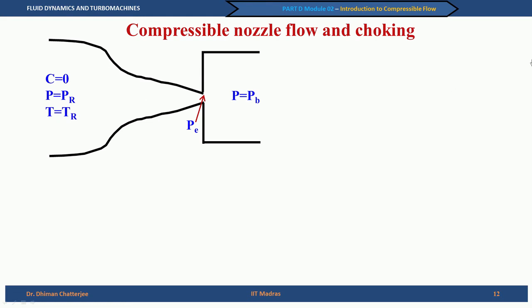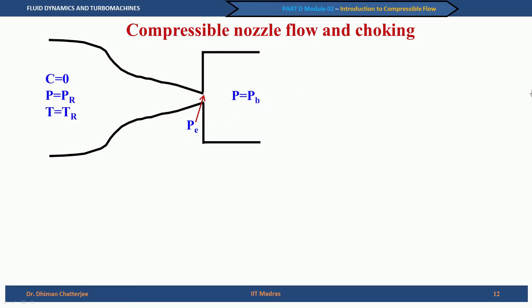Since the velocity is 0, you can take those as stagnation values, and this tank is connected to a convergent passage, and then we have the back pressure Pb. We are distinguishing between Pe and Pb. Pe is the pressure at the exit of the nozzle, and we will soon see why Pe needs to be different from Pb.